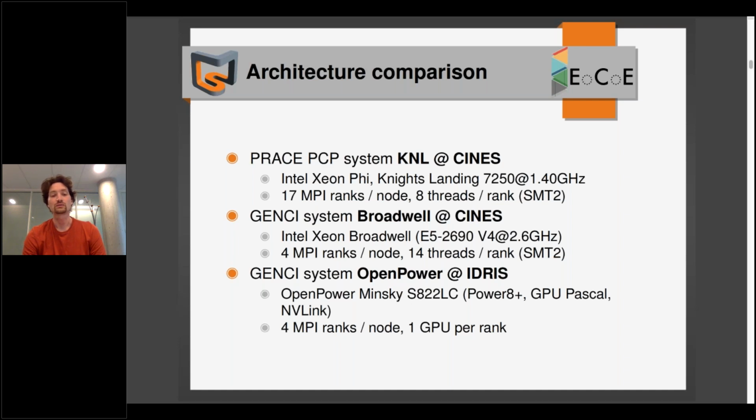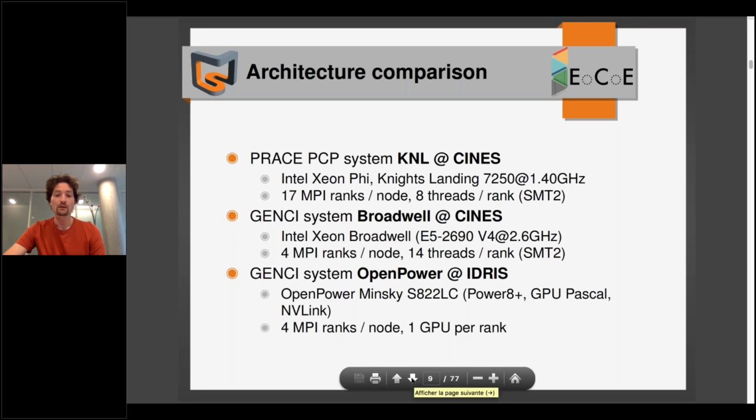We could also run on the Broadwell architecture, also at CNES, with two sockets of 14 cores each, so 28 cores a node, and also on an OpenPower system at Idris, where one node is two Power8 processors, and for each processor we have two GPUs. So that's 4 GPUs per node.